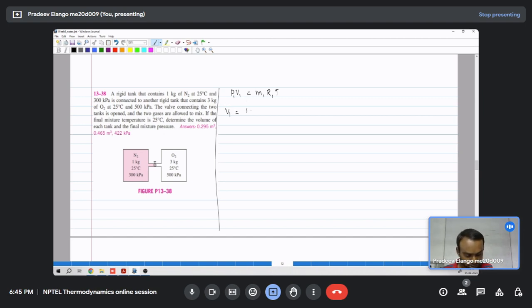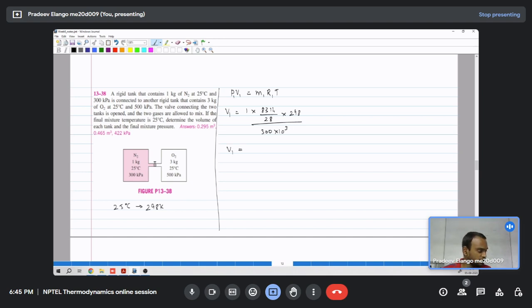So for M1 it is 1 kg, R1 is 8314 by 28, into temperature, 25 degrees Celsius, which is 298 Kelvin, and P1 is 300 kilopascal, that is 300 into 10 power 3.